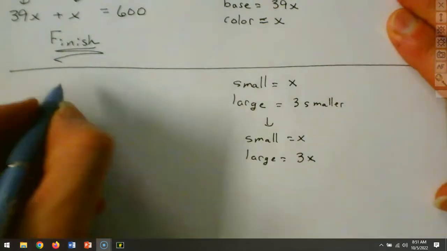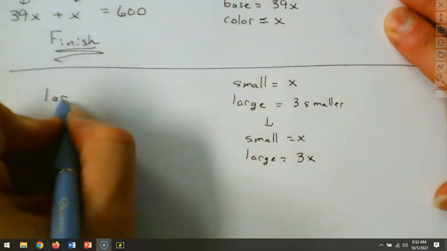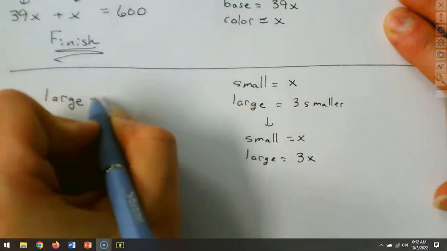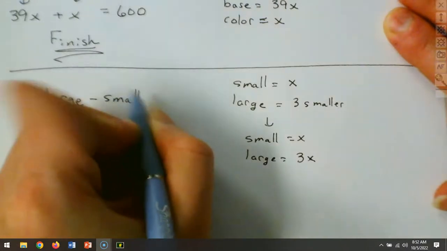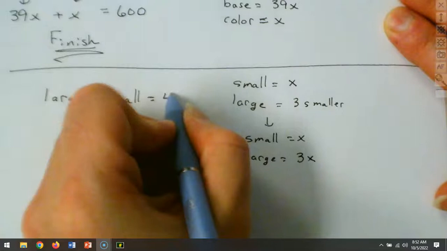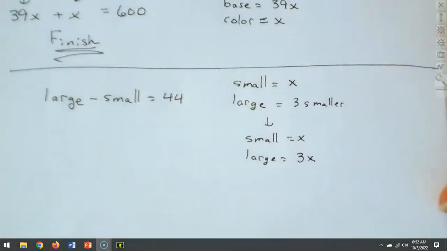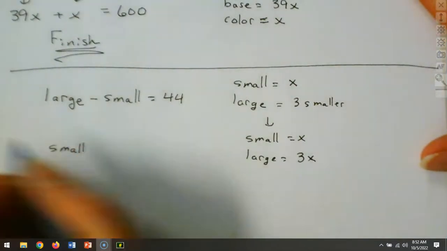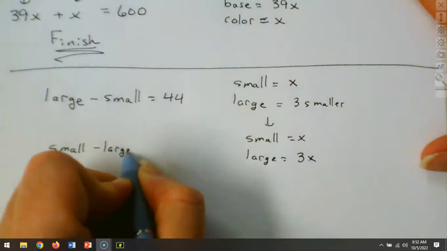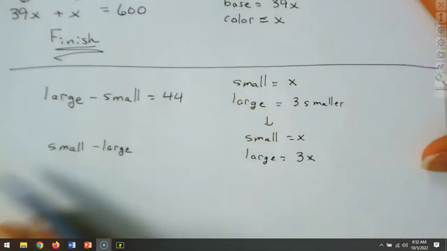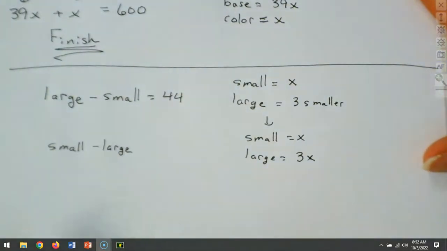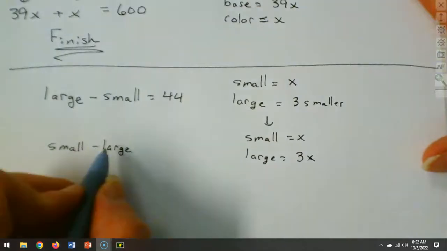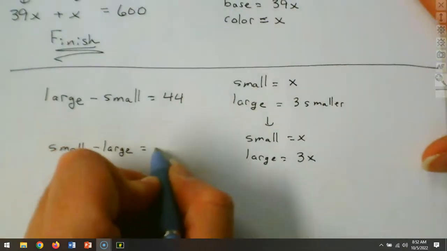If I take the larger number minus the smaller number, that's going to give you that 44. Why would it not work if I wrote it with the small number first? Because it would make it negative, right? If I did this, this would be a negative 44.